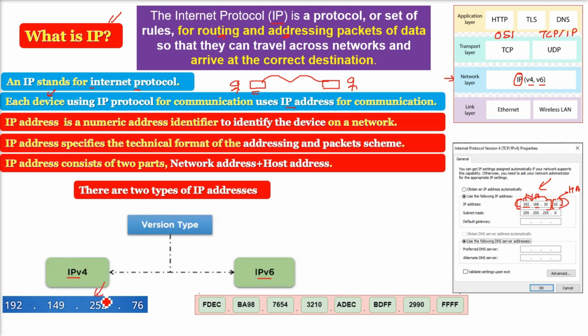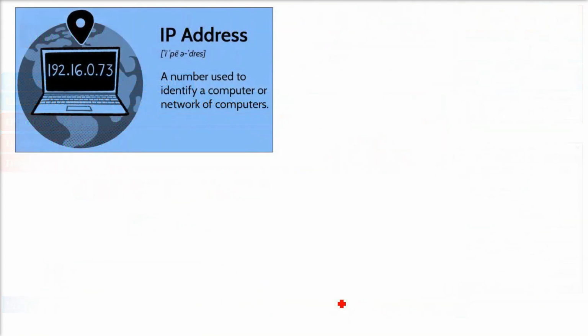This is how the numbers, or you can say alphanumeric numbers, will be seen. To implement the IP protocol, you will have an IP address. This is a number which is used to uniquely identify a computer or a computing device in a network.